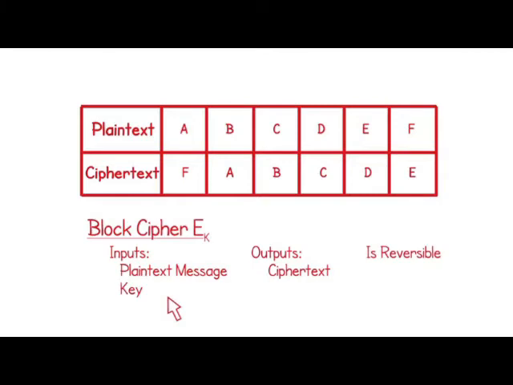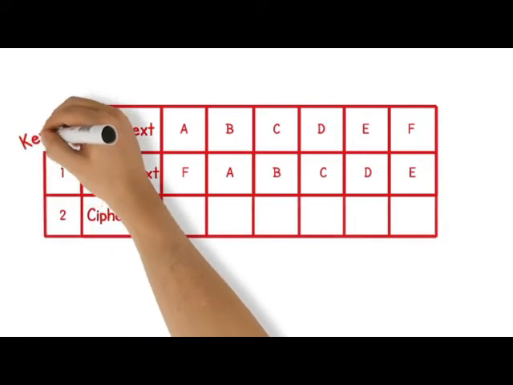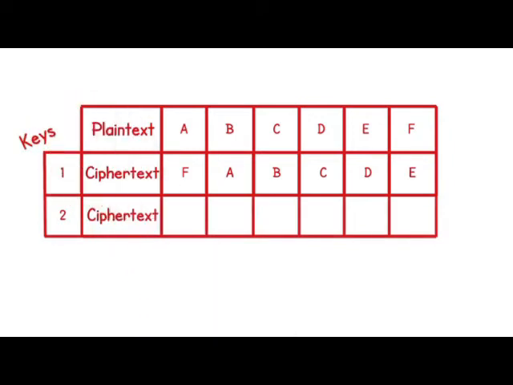Block cipher is also reversible. As input, plain text and key generate ciphertext as output. Similarly, ciphertext and key can recover the plain text message. Let's see a key demonstrated in a table. That's how block cipher actually works.